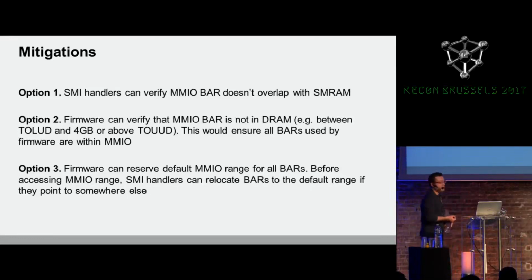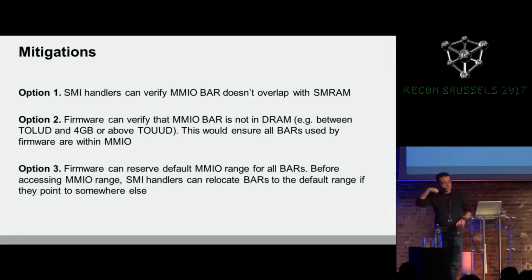There is another option that the firmware and SMI handlers might do. When the system boots, the boot firmware might allocate the default range, the reserved range in the MMIO, and place all the BARs there. When the SMI handlers are invoked at runtime during the OS execution, the SMI handler might check the value of the base address for the MMIO range and check if it's within this default reserved range.